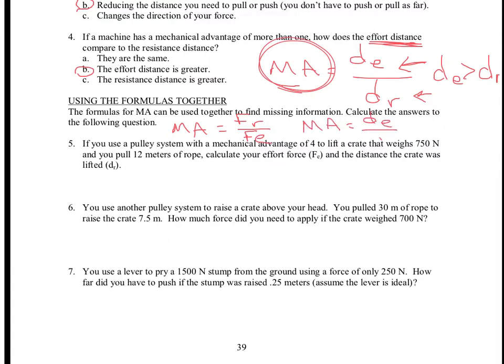And we may wind up having to put the 2 equations together to solve for different variables. So if we put the 2 together, FR over FE equals DE over DR. Oh, that is not very clear.